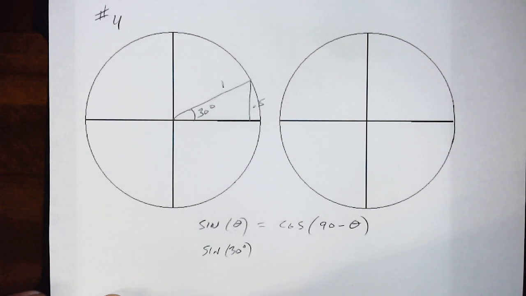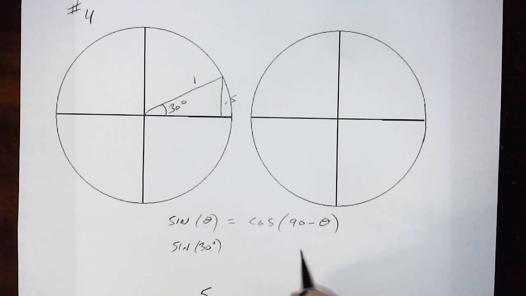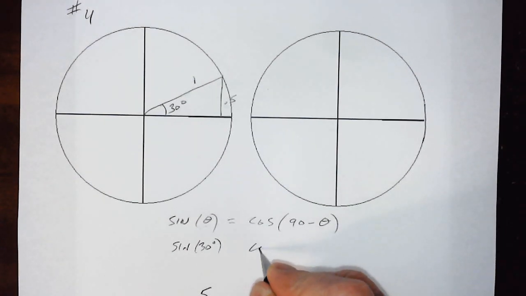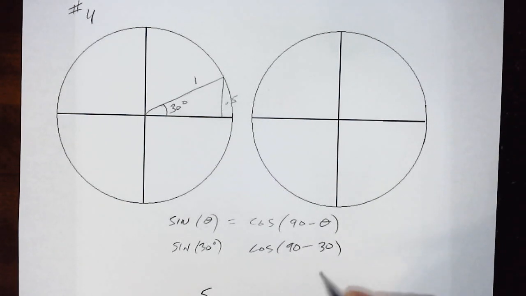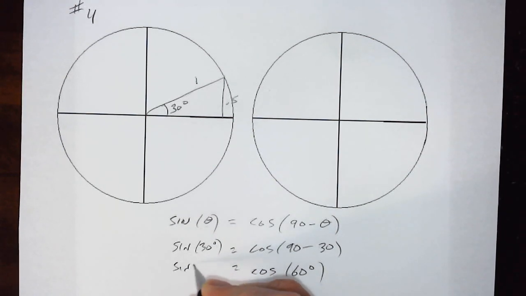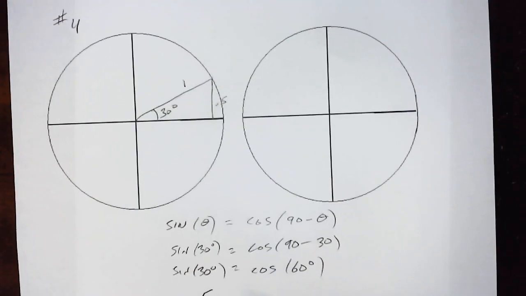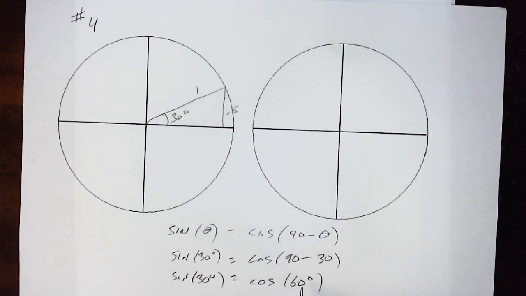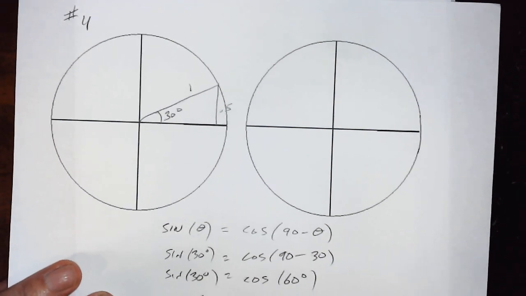Now, what's 90 minus 30? We're talking about the cosine of 60 degrees. I'll keep writing this each time so it's quite clear: the sine of 30 equals the cosine of 60, since 60 is 90 minus 30.